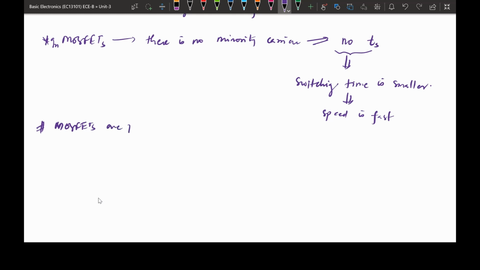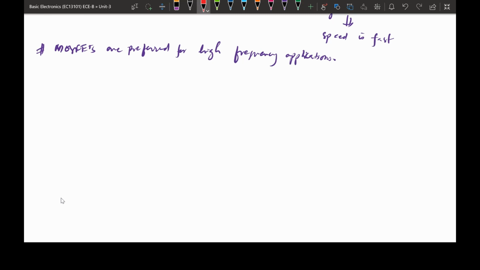MOSFETs are preferred for high frequency applications. These are the basics of MOSFET in comparison to BJT and JFETs.